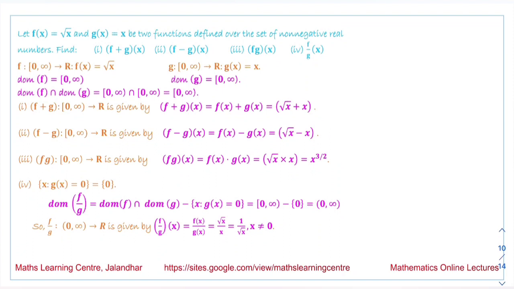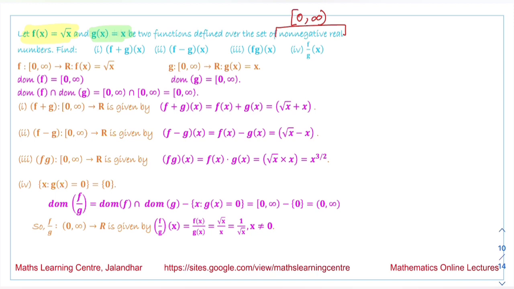Next we are given the function f of x is equal to square root of x and g of x is equal to x, two functions defined over the set of non-negative real numbers. Non-negative real numbers means we are talking about the interval 0 to infinity. We have to calculate the value of f plus g of x, f minus g of x, fg of x, and f over g of x.